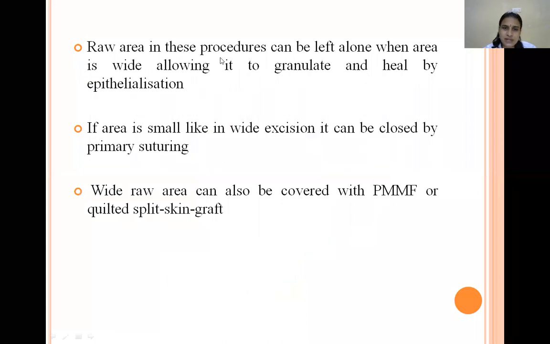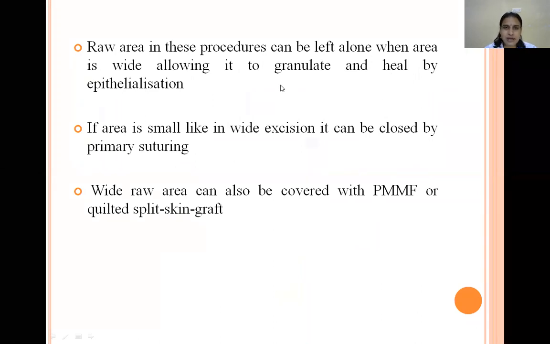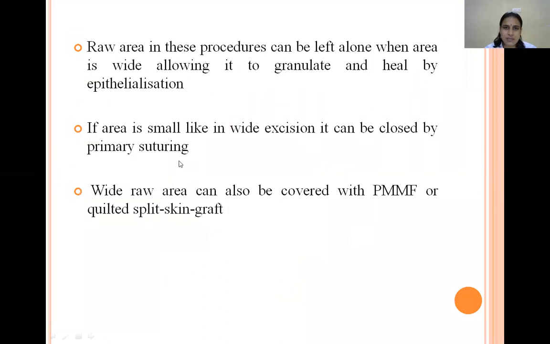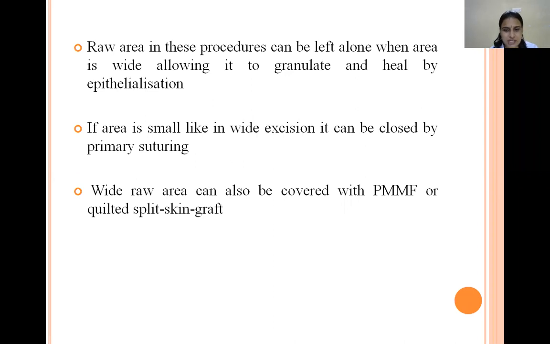Now, the raw area that is produced because of the excision of the lesion, in smaller areas, it can be left alone for healing by granulation and epithelialization. Or in smaller lesions, it can be closed by primary suturing itself. Wide raw areas after excision have to be covered with flaps. So reconstruction has to be done.